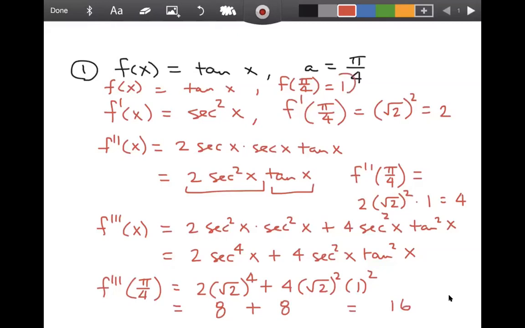All right, so we have these as our coefficients of the Taylor polynomials. All right, so P0 of x, that's a degree 0 polynomial. In other words, a constant function. That's just f at pi over 4, which is 1.